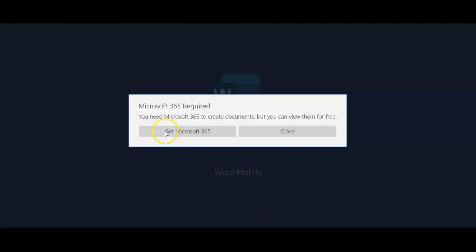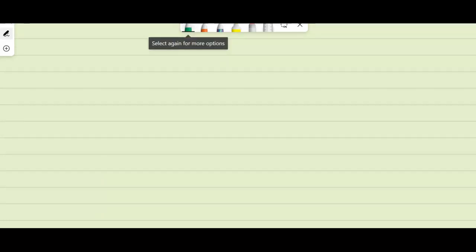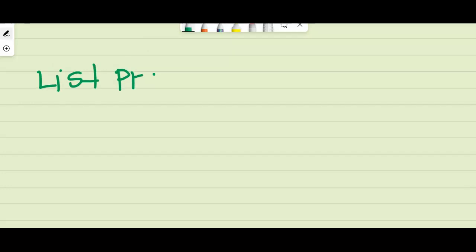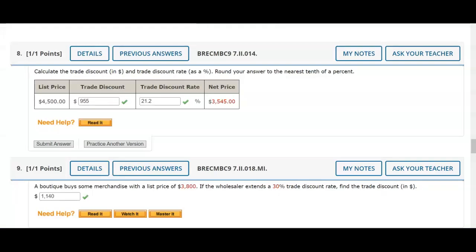So let's look at the list price and then the net price. The list price is how much it's listed for, but then you have the net price, which is how much we ended up paying for it.